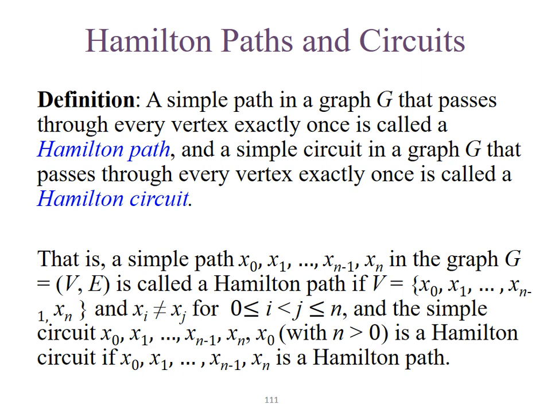A simple path in graph G that passes through every vertex exactly once is called a Hamilton path. If it is a simple circuit that passes through every vertex exactly once, then it is called a Hamilton circuit. Okay, so you can see this problem is very similar to Euler path and Euler circuit, if you can travel all the edges exactly once, or all the vertices exactly once.